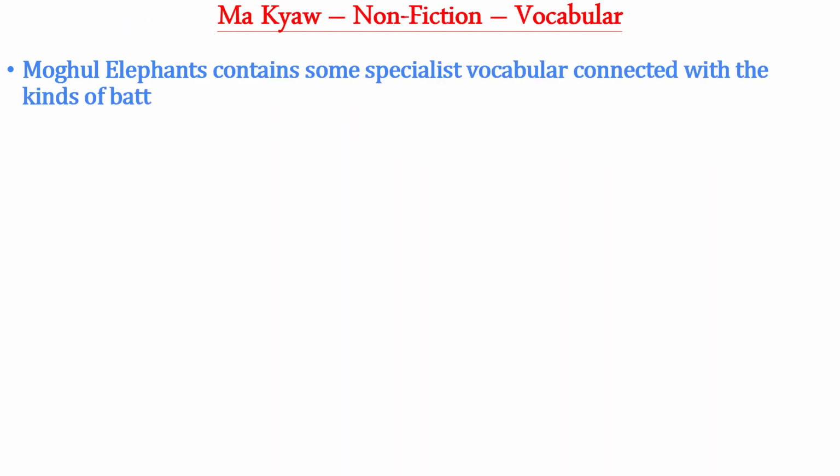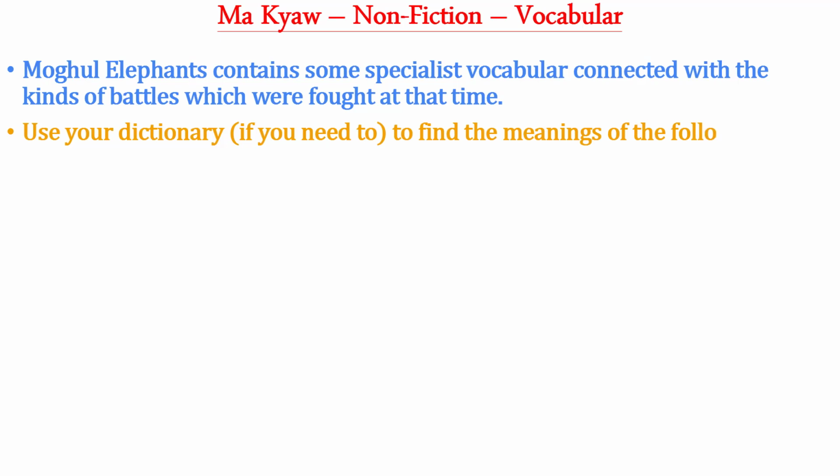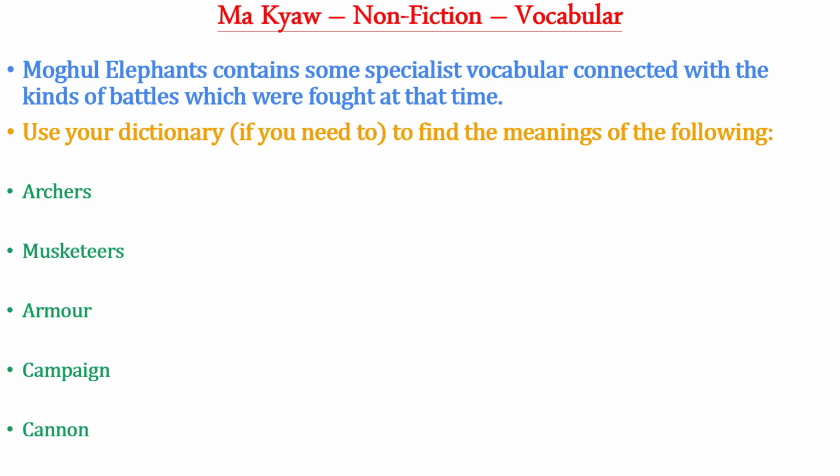So the next question is, Mughal elephants contains some specialist vocabulary connected with the kind of battles which were fought at that time. Use your dictionary if you need to find the meanings of the following: archers, musketeers, armor, campaign, cannon.